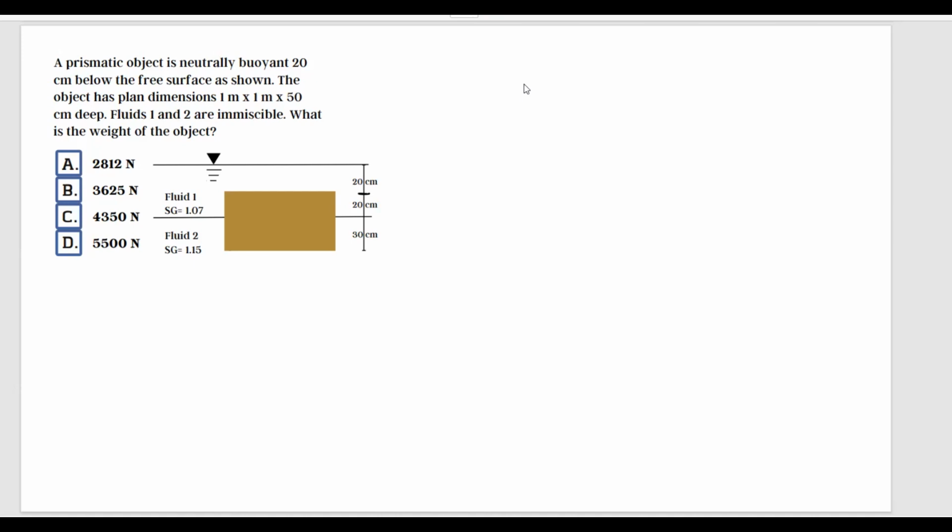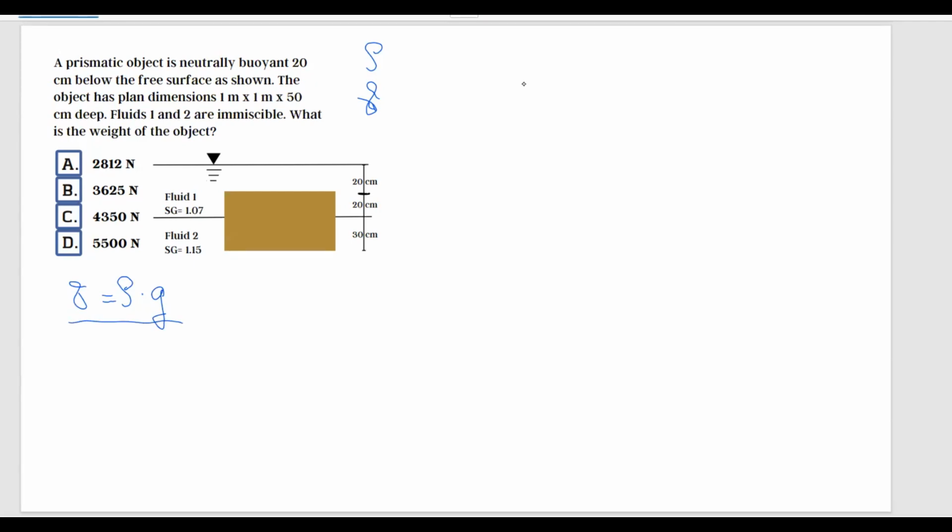We can work this problem in two ways. We can work with densities, or we can work with unit weights. I'm just going to remind you that unit weight equals the density multiplied by gravitational acceleration.